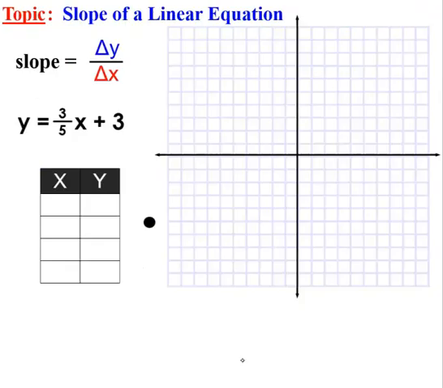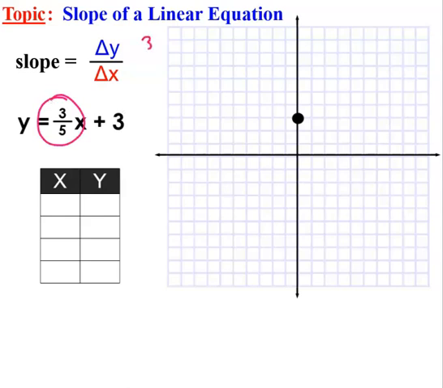So here's our first equation right here. y = 3/5 x + 3. Our y-intercept is 3. So the first thing we're going to do is plot a point on the y-axis at positive 3. From there, we're going to graph another point. In order to do that, we need to move using the directions of the slope.